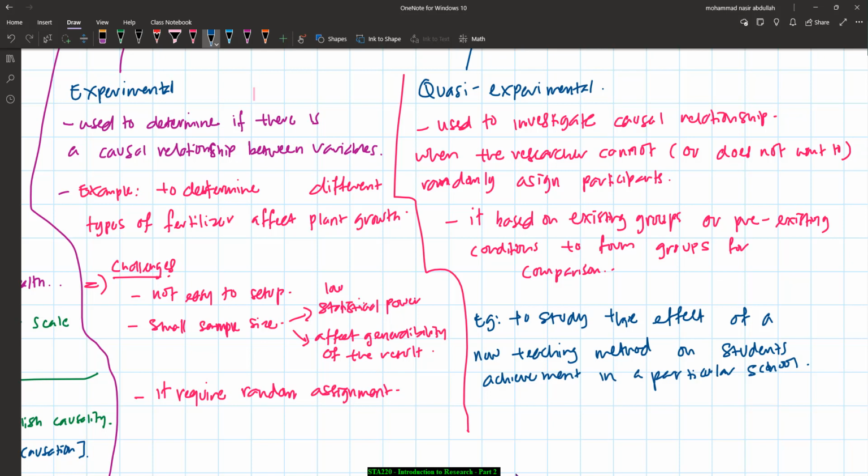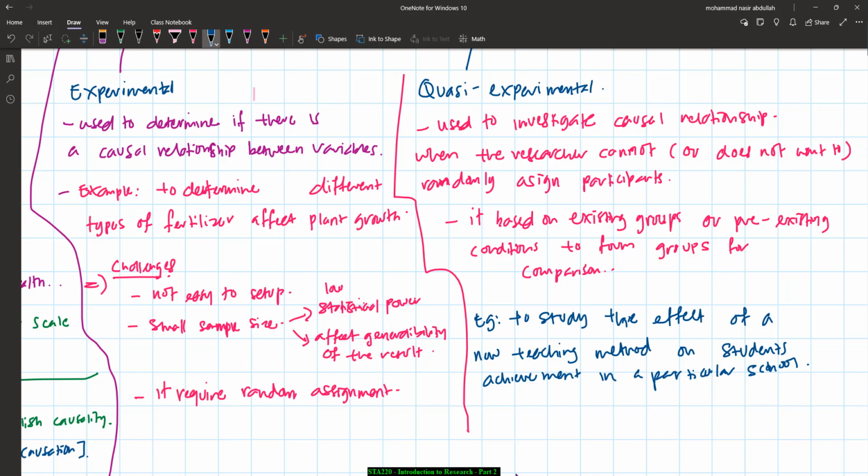Maybe I'm using online, maybe another lecturer is using traditional pedagogy, right? So we can compare. We can still find the difference without having assigned the participant lah, right?